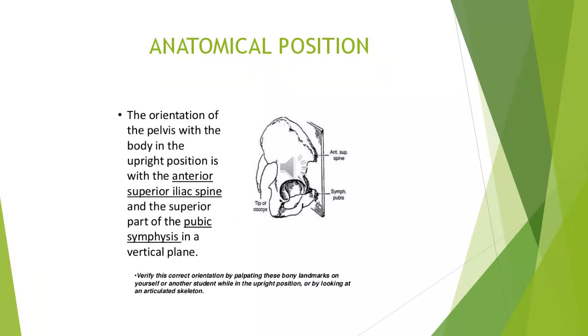If you see the orientation of the pelvis with the body in the upright position, the anterior superior iliac spine and the superior part of the pubic symphysis or the pubic tubercle are in a vertical plane.